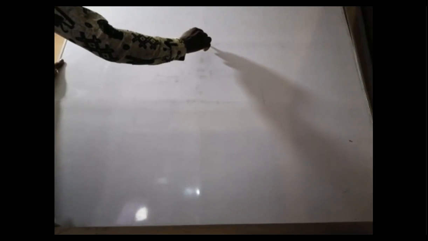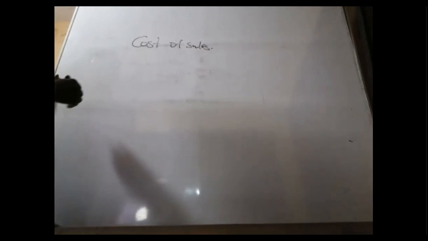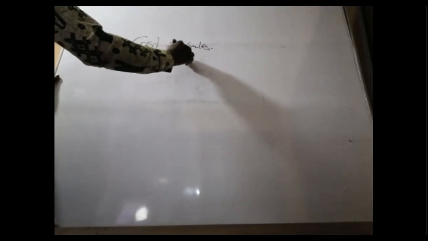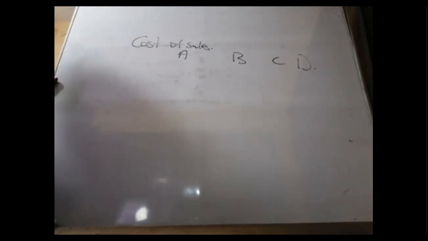Now I'll take the cost of sales. I'll put A here, I'll put B, I'll put C, and I'll put D here. I want to perform some small calculation. This is not part of the solution.